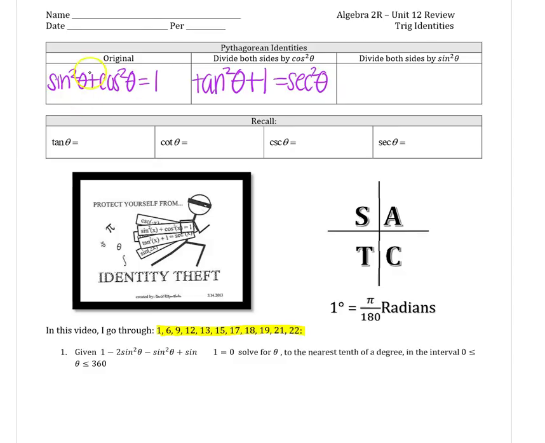If I take the original and divide by sine squared, anything divided by itself is 1. Cosine squared divided by sine squared is cotangent squared, and 1 divided by sine squared is cosecant squared. Okay, so those are your 3 Pythagorean identities to make sure you know.